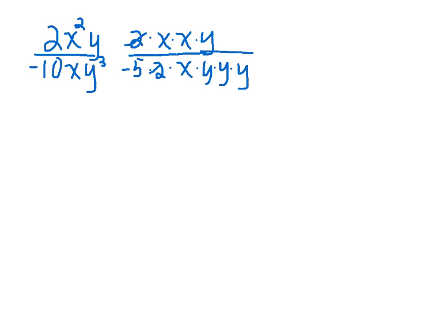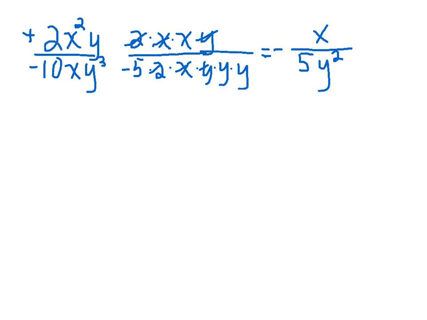And you can see that the 2's cancel out, an x cancels out, a y cancels out. And then you have to say, what is this? Well, on the top I have an x. On the bottom I have negative 5y squared. Remember that a positive divided by a negative always equals a negative, so when it comes out negative, we put the negative out front because the whole fraction is negative. That's a little detail, but you can get that. So it's negative x over 5y squared.